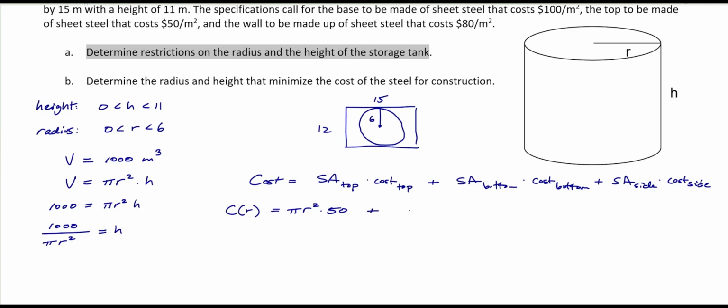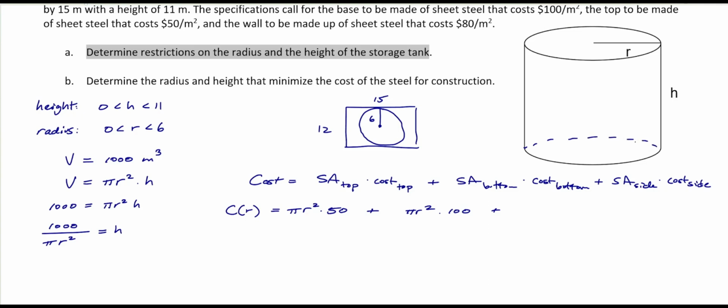Well, it's the same thing. It's pi r squared. But what's different is the cost of the bottom is $100 per meter squared. Then I think the tricky thing is the surface area of the side, which is basically like a rectangle. You've got the height of the rectangle, and then you've got the length of the rectangle. But the length of the rectangle is actually just the circumference of the cylinder.